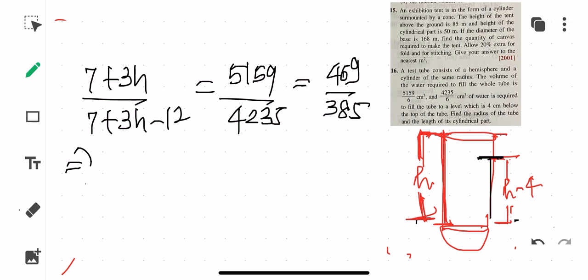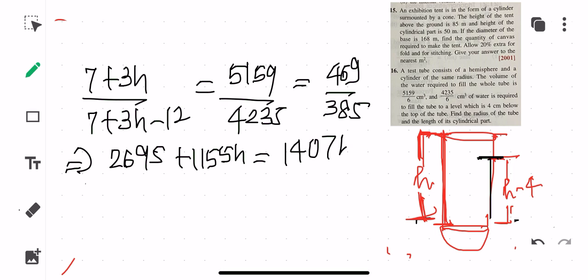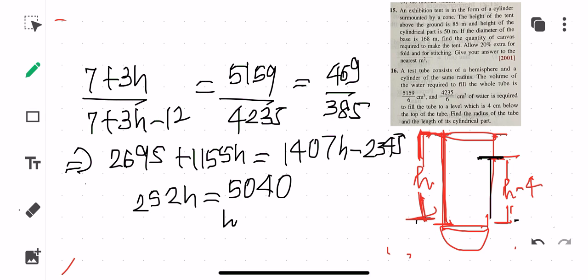So upon cross multiplication, I am getting 2695 plus, I just use the calculator, 55h is equal to 1407h minus 2345. So solving this, I am getting 252h is equal to 5040. So the height is coming out to be equal to 5040 divided by 252, which is equal to 20.